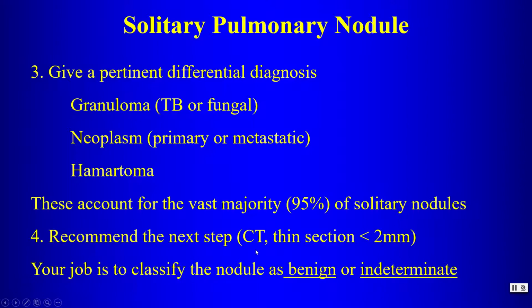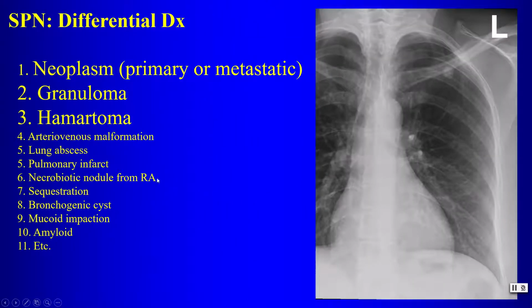Again, the idea here is to try to classify the nodule as benign or indeterminate, depending on what the findings are on the CT. In your textbooks, you will see many things listed in the differential diagnosis for solitary pulmonary nodules.